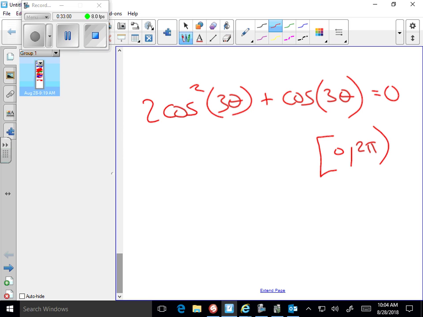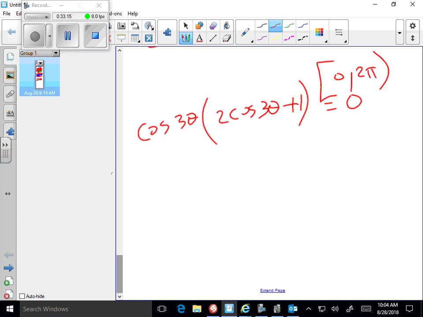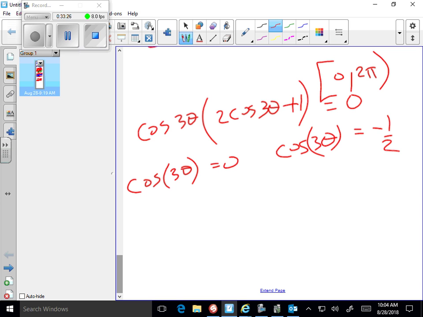Yeah? Were you able to factor this? So you got cosine 3 theta times 2 cosine 3 theta plus 1. And then we set each factor equal to 0. Okay, so when does cosine equal 0?